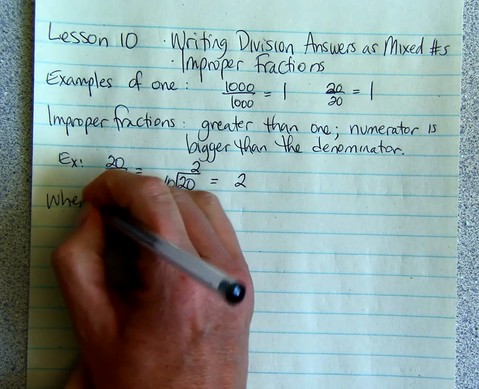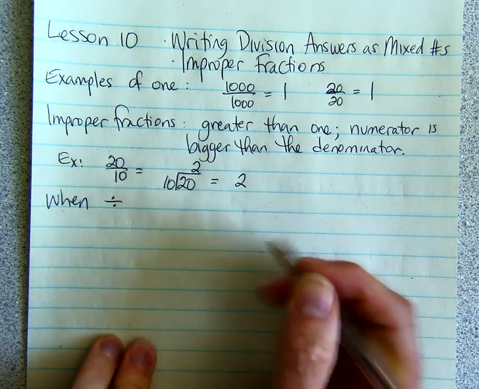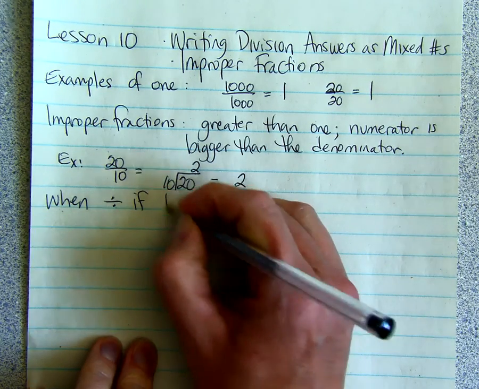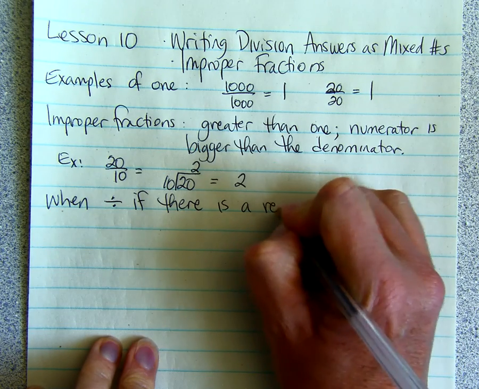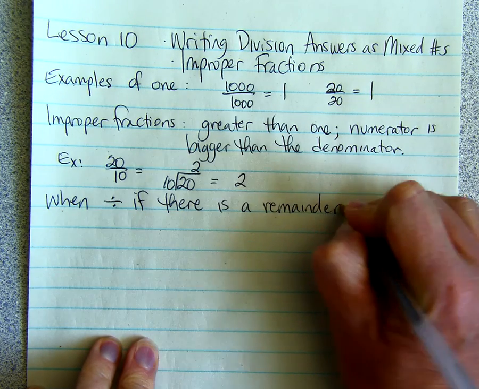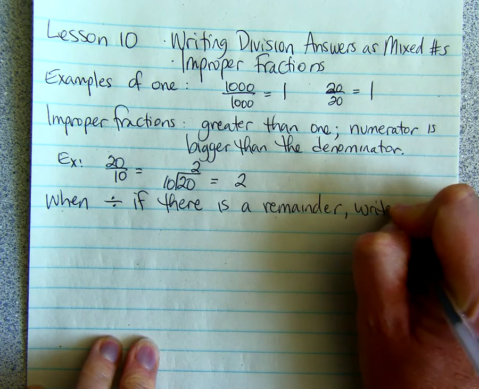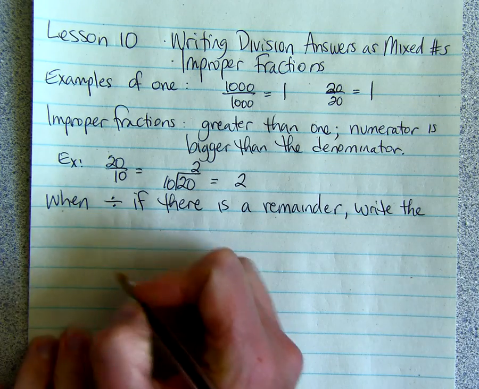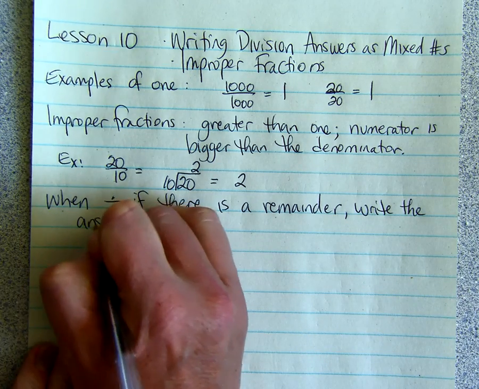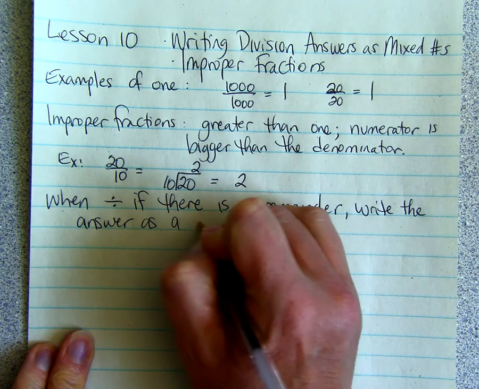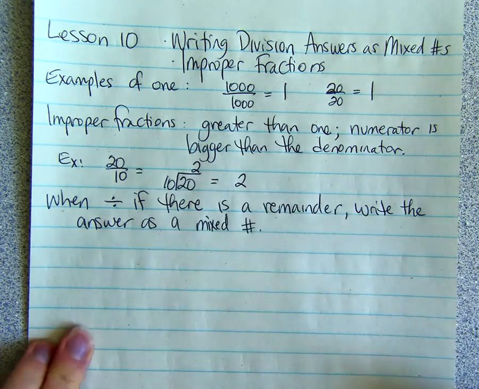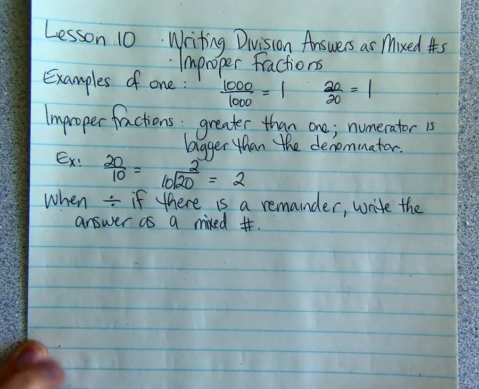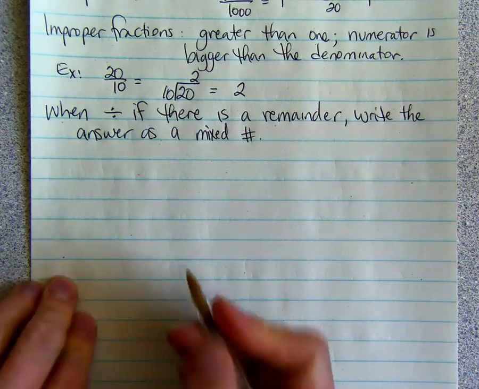When you're doing long division, so when dividing, if there is a remainder, you need to write the answer as a mixed number. So here's an example.